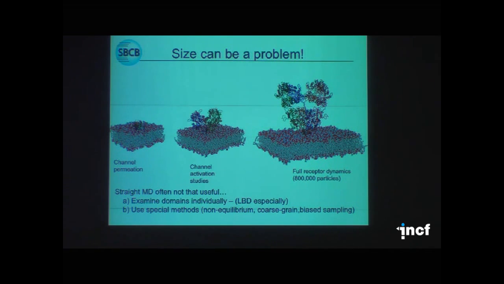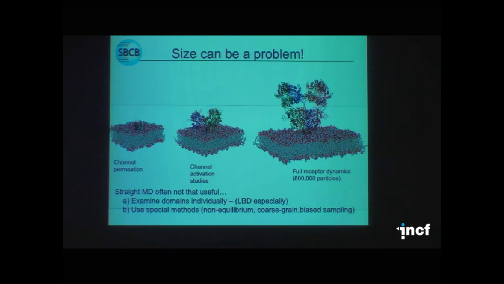And there are numerous ways around that. One is to be a bit smarter about what you simulate, and we can do that in this case because it's a very modular structure, so we can work with the domains and look at those individual motions, if that's appropriate, and use that as a method. So we chop up the system.